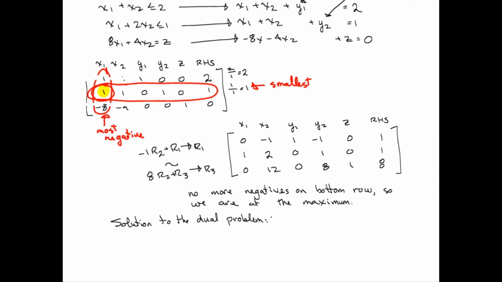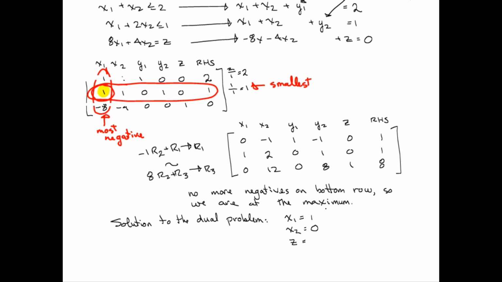Okay, so what is our solution to the dual problem? Well, what are our variables in the dual problem? x1 and x2 and my objective function z. Okay, so my x1 is 1, my x2 is 0. Remember, the columns that do not look like columns out of an identity matrix, the columns with junk in them, are set equal to 0.